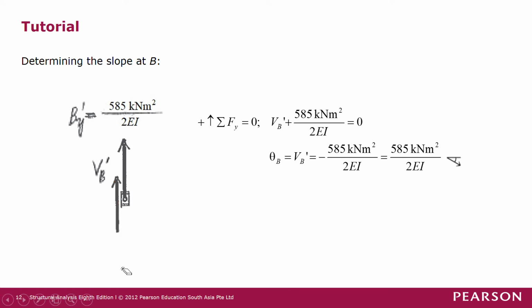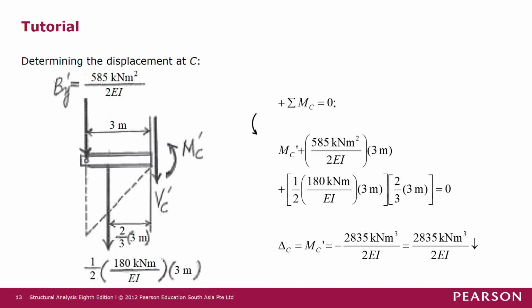So from this free body diagram, when we sum all the forces in the vertical direction, we have BB prime plus BY prime is equal to 0. So BB prime is minus 5 kilonewton meter square over 2EI, and then we just take the magnitude, and the negative means that it's a clockwise rotation in slope or rotation for theta B.